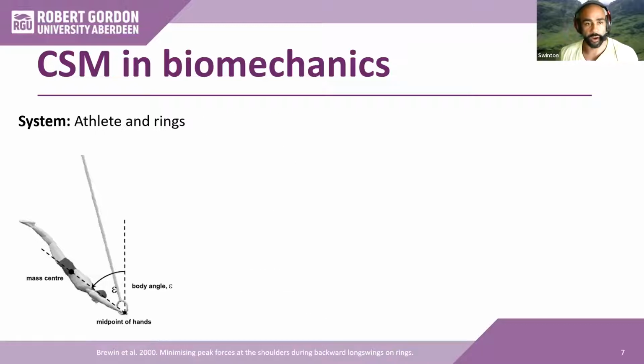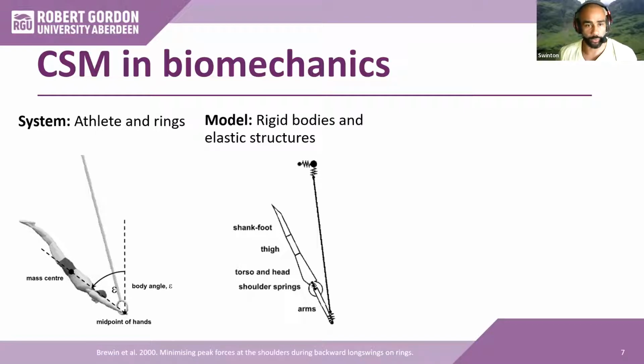As we move down our hierarchical flow, we then move on to the model. So the athlete is modeled as a set of 5 rigid bodies with elastic components at the shoulder, hand, and at the anchor points of the rings. We then use forward dynamics to create a system of equations between the angles of the segments and the rings. And then the clever part of this is those models involve parameters, and we select those parameters so that our simulation matches the data obtained empirically from each athlete.